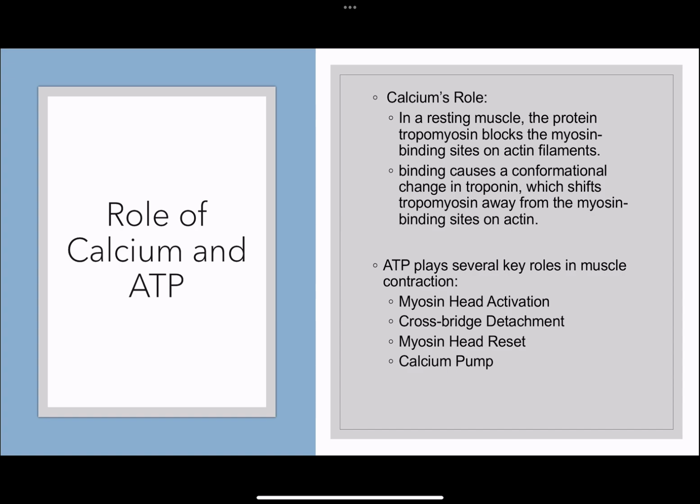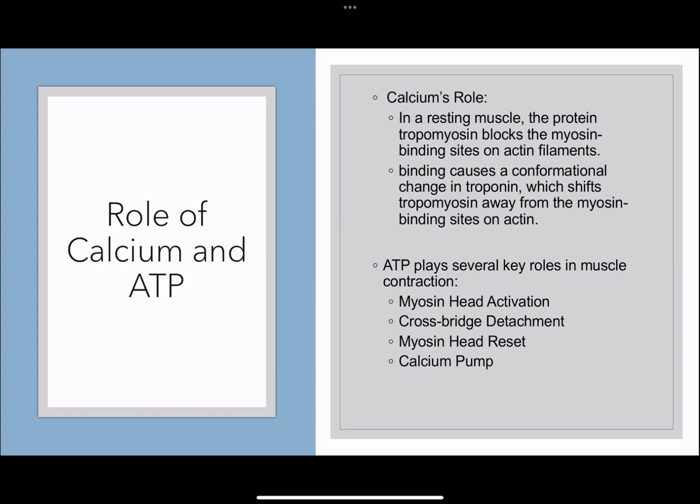ATP also plays several key roles in muscle contraction, one being the myosin head activation. ATP is hydrolyzed, which means it's broken down into ADP and inorganic phosphate by myosin ATPase. This hydrolysis energizes the myosin head, placing it in a cocked position, ready to bind to actin.